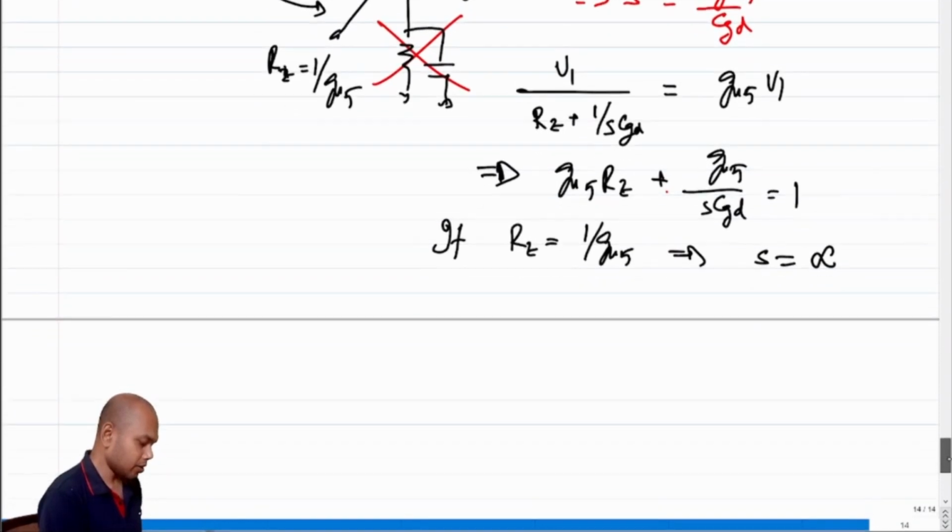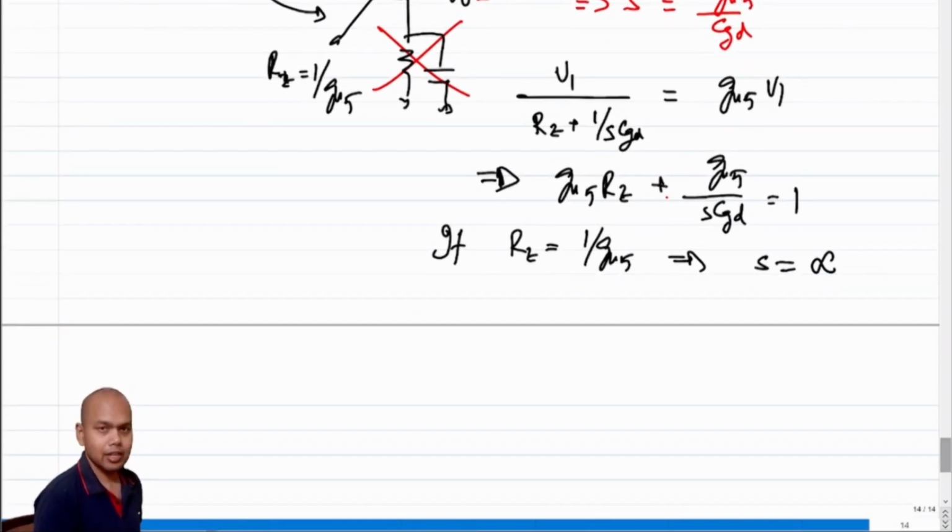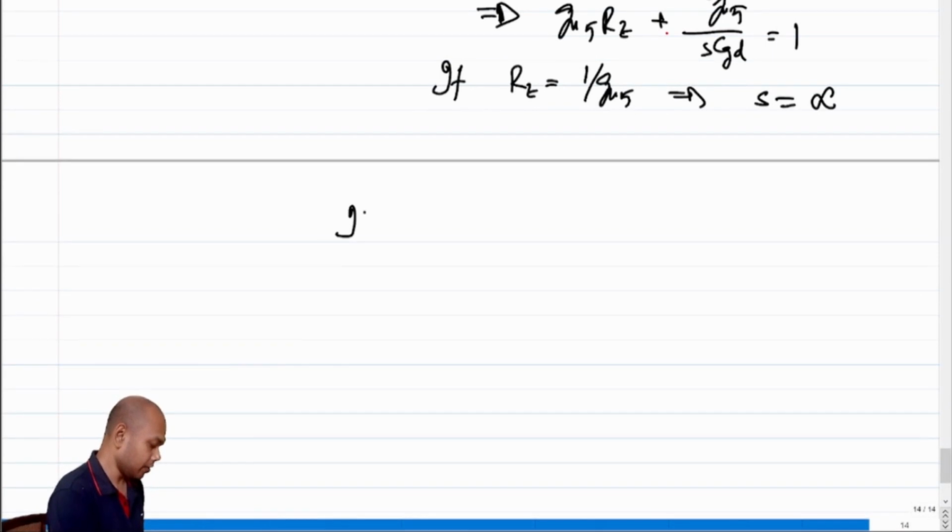The right hand side 0 causes a phase lag, but a left hand side 0 causes a phase lead, right? So if we make RZ greater than 1 by GM5, then what is the location of the 0? We basically solve that above equation.